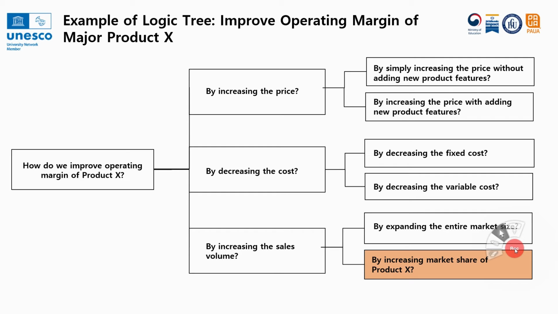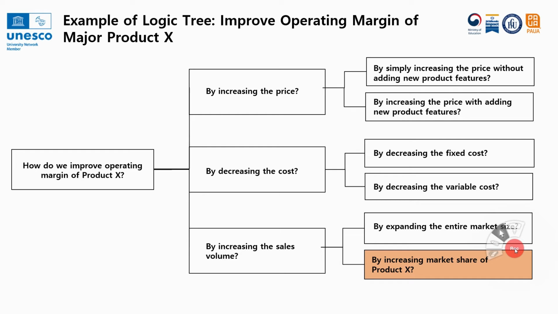Whereas the variable cost means, in a lot of ways, if we increase the production of your products, the unit cost varies.